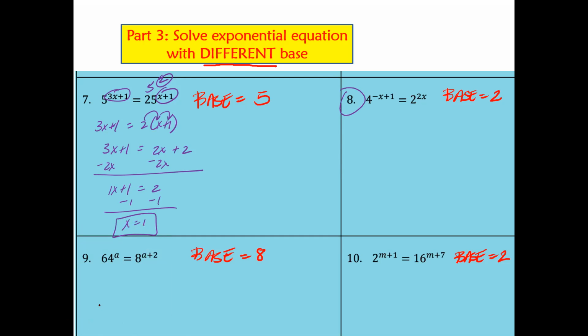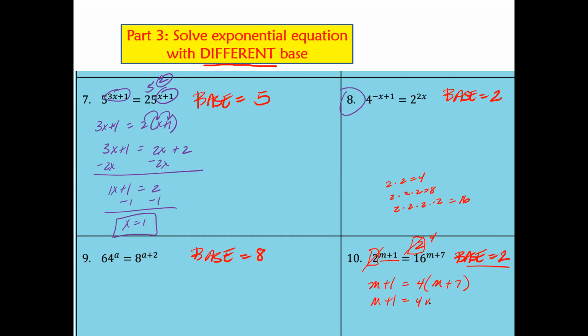I'm going to go over number 10. If you take a look at number 10, your base is 2. So what can you do with the 16 to have a base of 2? I could say 2 times 2 is a 4, 2 times 2 times 2 is an 8, 2 times 2 times 2 times 2 is going to give me a 16, so 2 to the 4th power. Well, now that you have exactly the same base, you cancel that out. You have m plus 1 equals 4 times m plus 7.